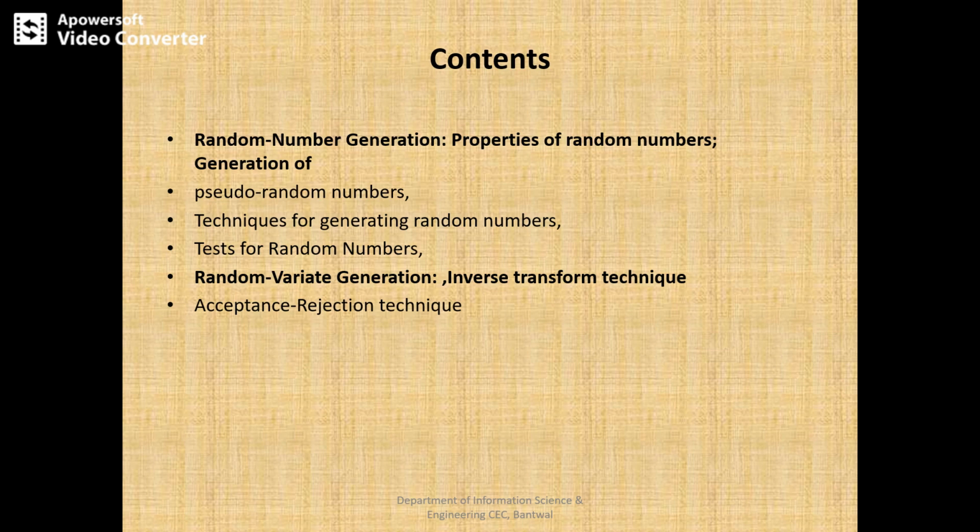And the next one, random variate generation. In this chapter, we will discuss the inverse transform technique and the acceptance rejection technique.